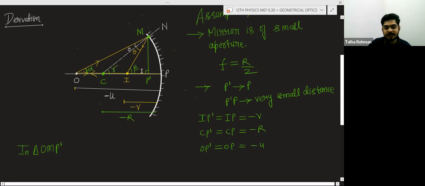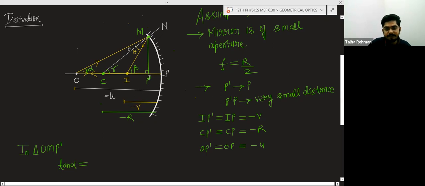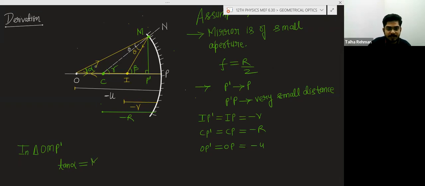From triangle OMP dash, I am finding tan alpha. Tan alpha will be MP dash divided by OP dash, because tan is the perpendicular of the triangle divided by the base of the triangle.